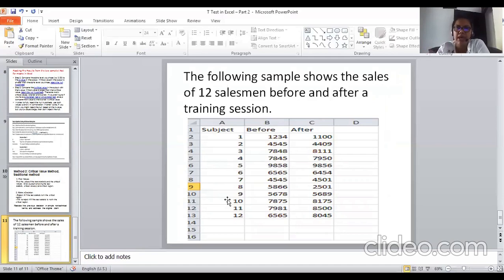The sales figures before the training session are given in the second column, and in the third column, column C, the sales figures after the training session. Okay, so now we can start entering the data into the Excel sheet.